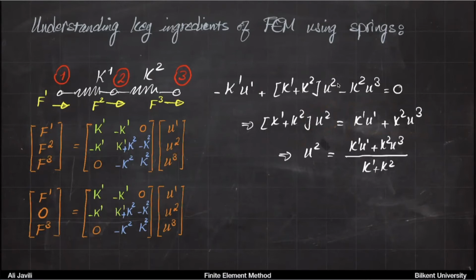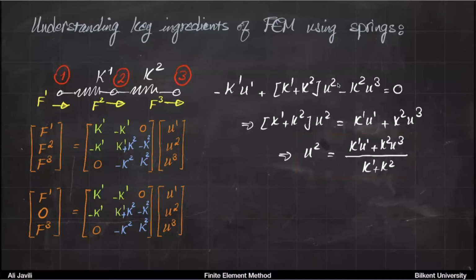I want to now play a little game together with you and see what we can get from this. So this is what we have so far. We know this is U2. Now let's imagine we write a system using this constraint.